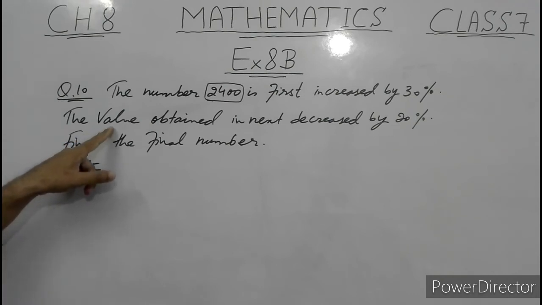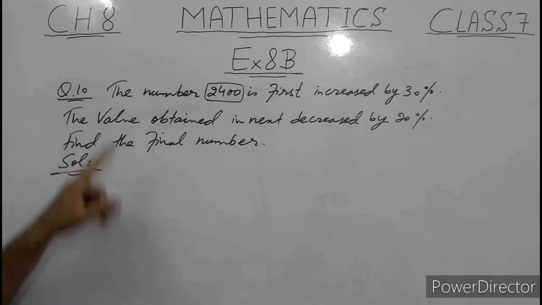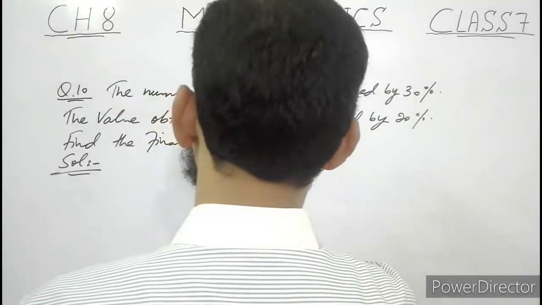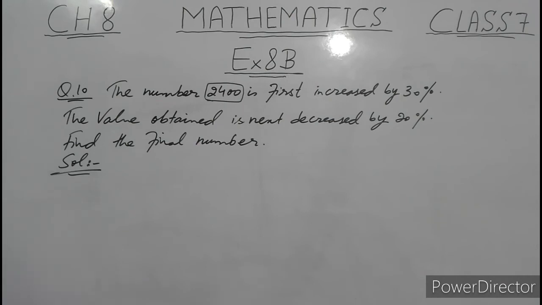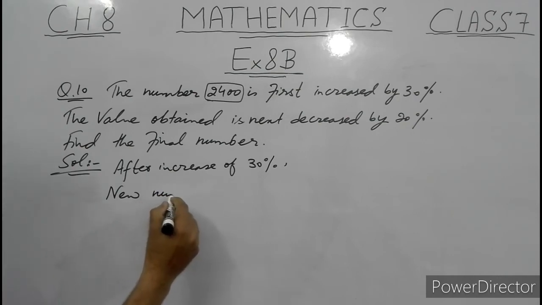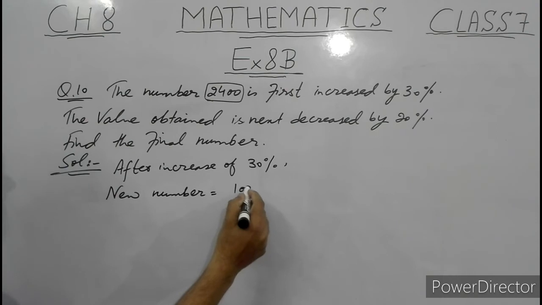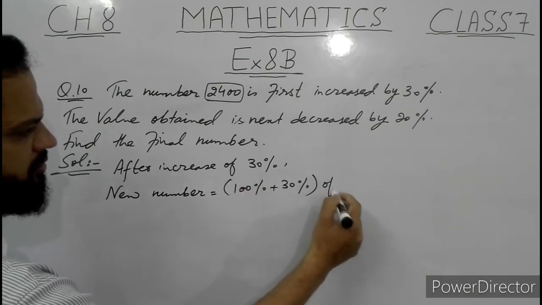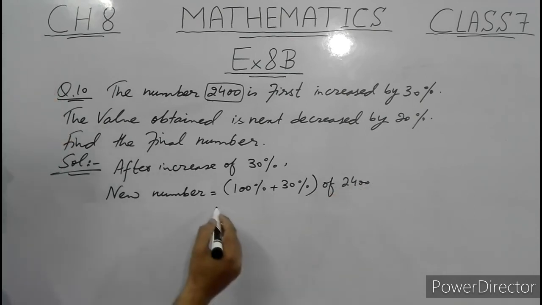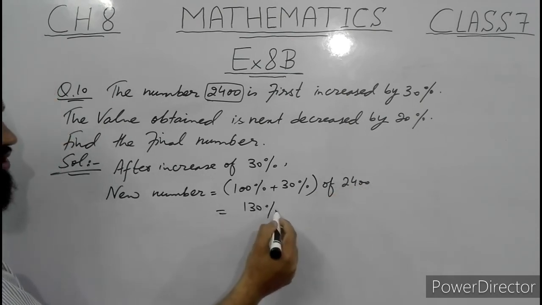The number obtained is next decreased by 20%. So firstly I increase 2400 by 30%. After increase of 30%, the new number will be 100% plus 30% of original number. It will become 130% of original number.